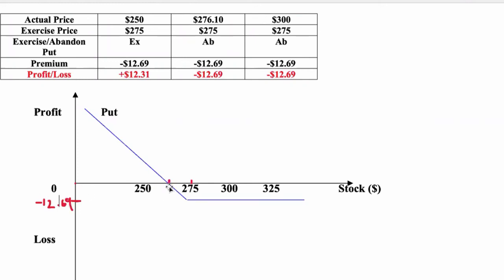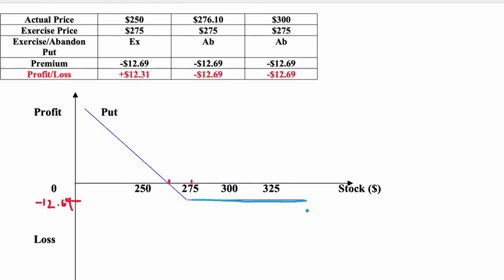Next, we need to identify where the profit is, because this is a profit profile. Anything above your strike is a flat line of 1269. That's why at the strike price of 275, you flatline at any higher price. The buyer abandoned, because why would they want to sell at 275 when they can sell at these higher prices?